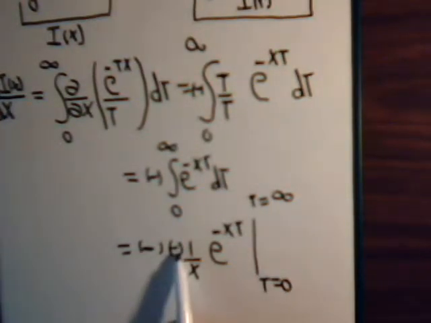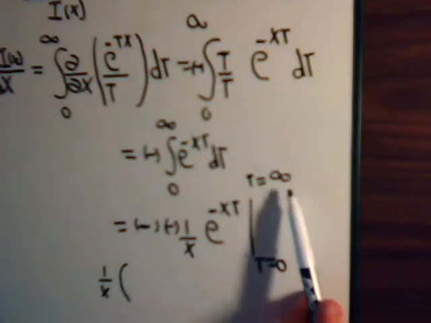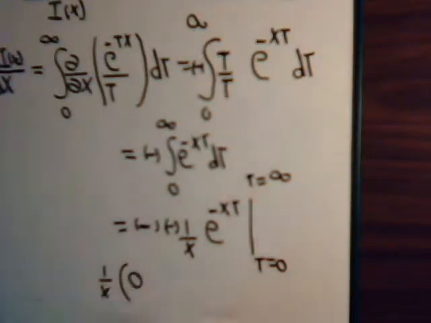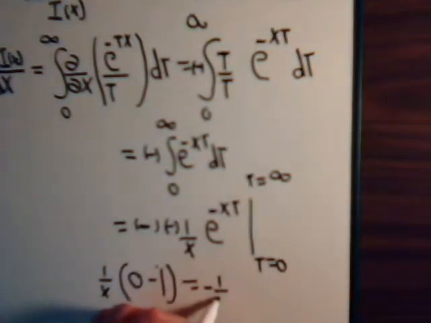So this would be plus 1 over x times the bracket. When t is infinity, this is e to the minus infinity, or that's 1 over e to the plus infinity. That's 0. When t is 0, e to the 0 is 1. So this equals minus 1 over x.